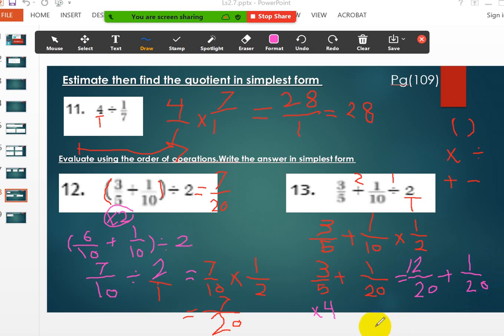Now add the fractions. So 12 plus 1 equals 13 over 20. So the final answer for this, I will write it here for you. It will be 13 over 20. Okay?